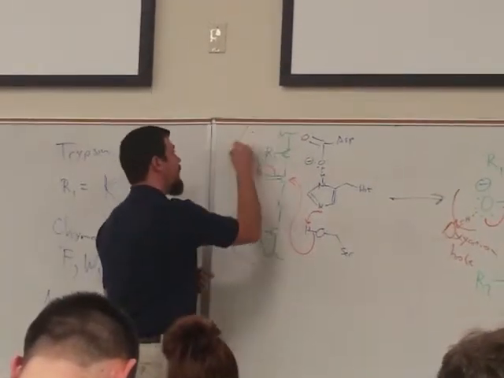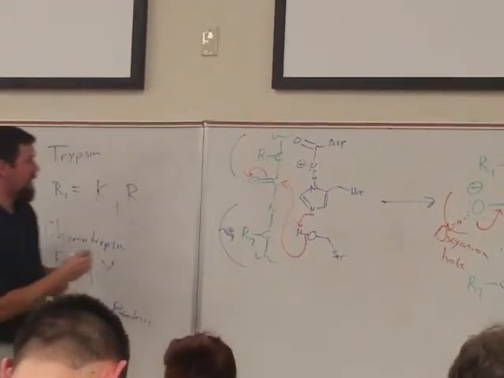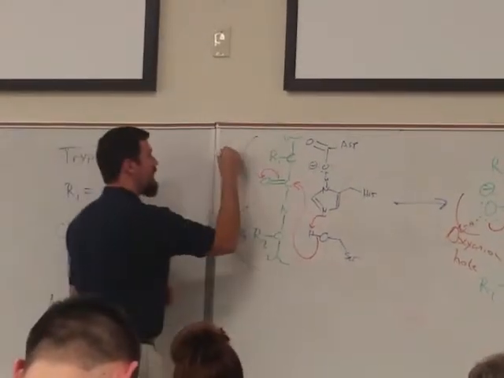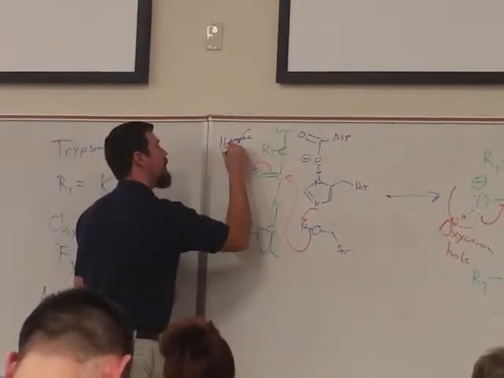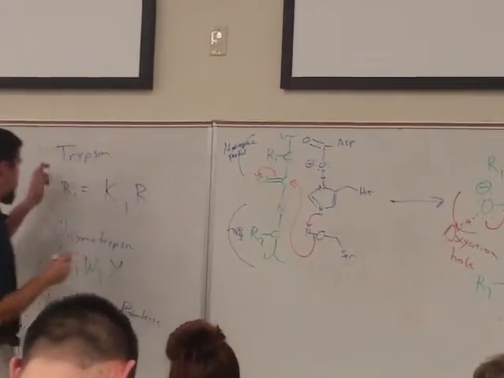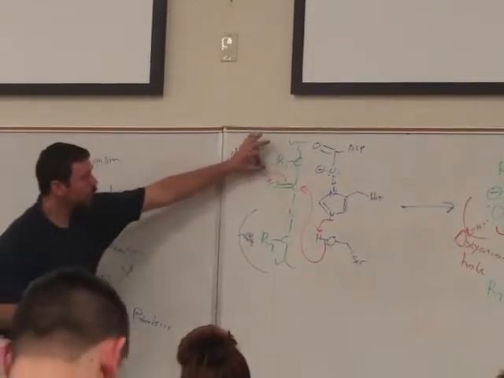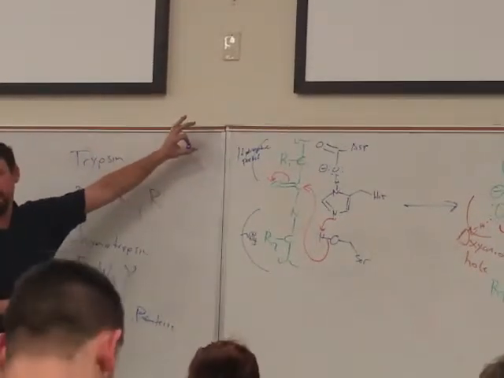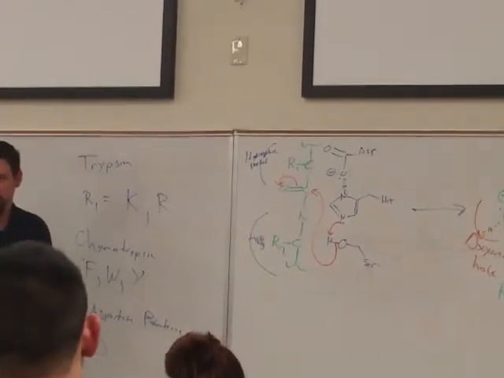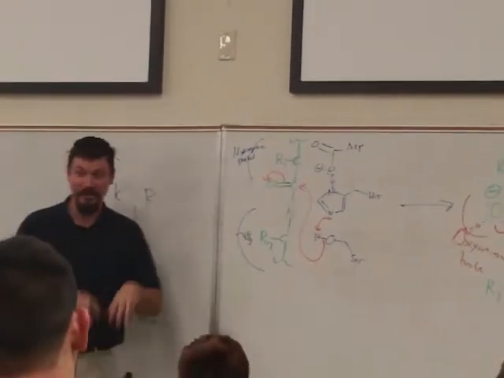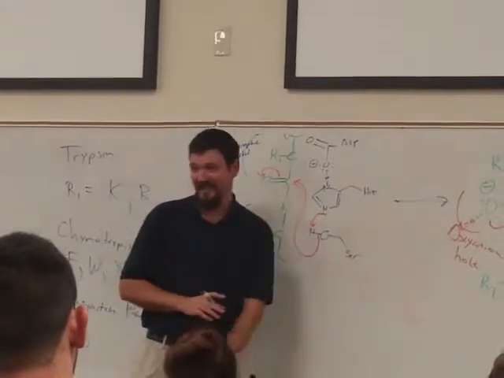On the other hand, with chymotrypsin, we would have a deep hydrophobic pocket where this R1 group would fit. So it's just a rearrangement of the active site. They're all going to cut the same regardless, because the mechanism is the mechanism.